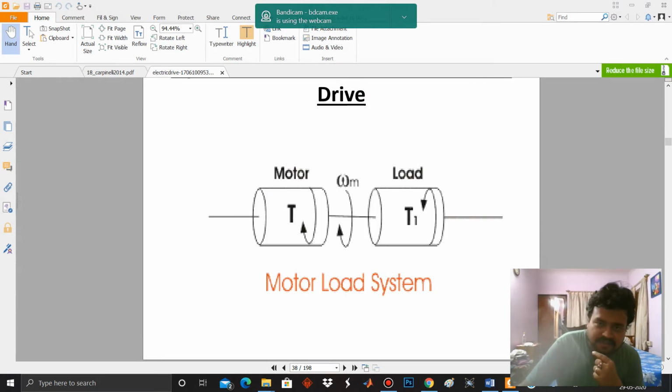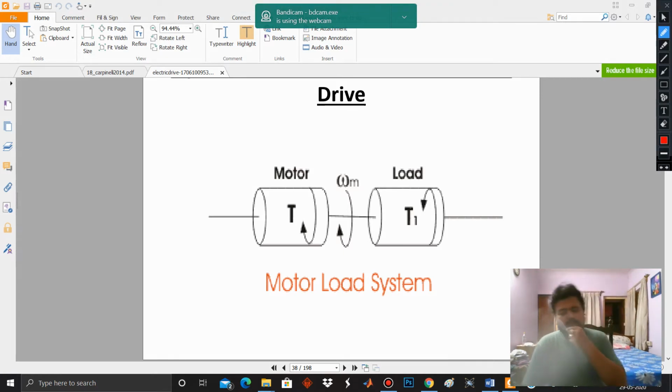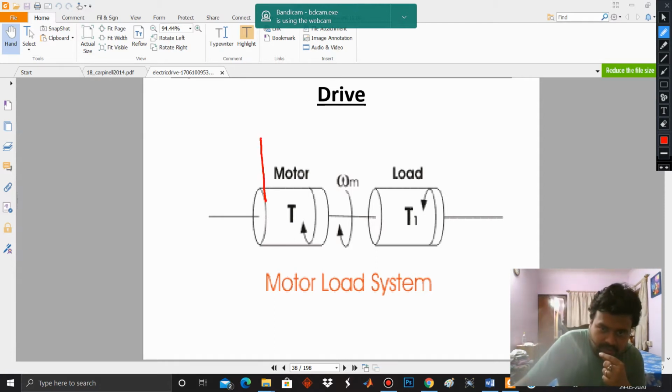Now this is an example of a motor load system. Let me elaborate this diagram. There is a motor, and this motor is connected to a supply Vs. It may be a DC motor or an AC motor.